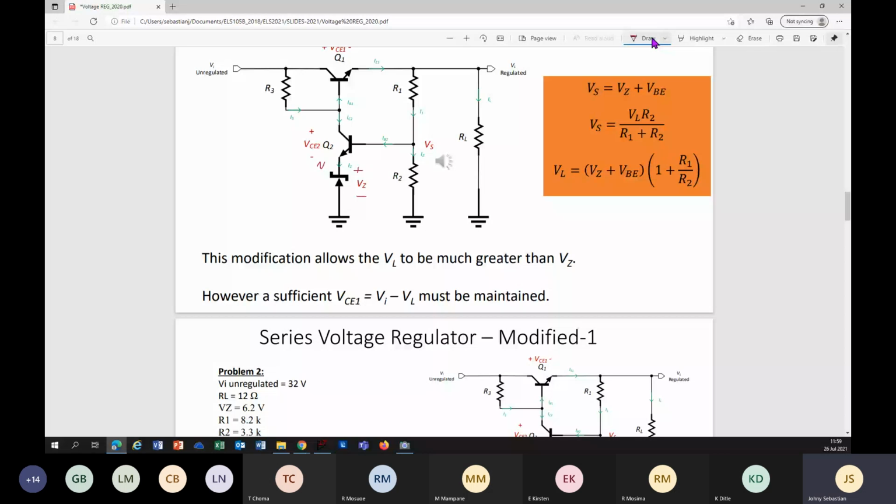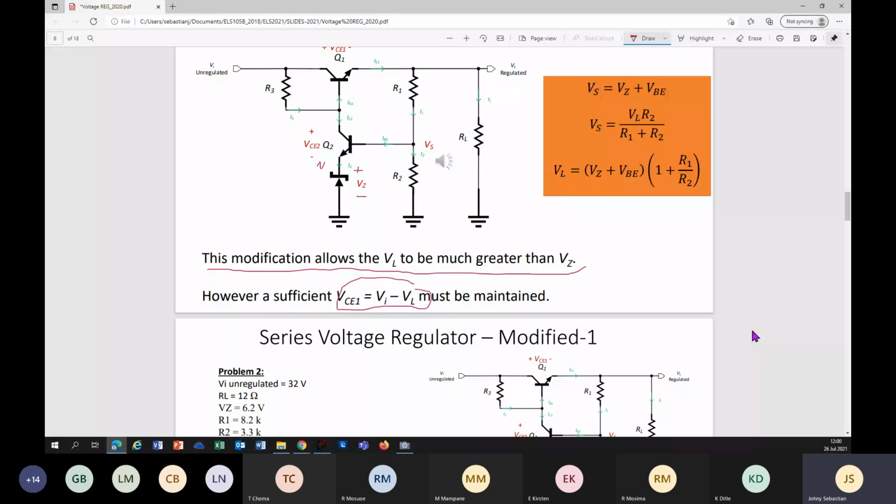However, sufficient VCE1 must be out of saturation. Or in other words, VI unregulated should be higher than VL. Then the circuit will operate much better.